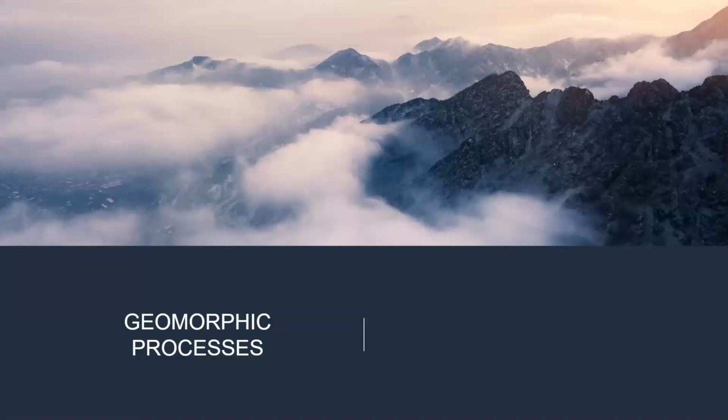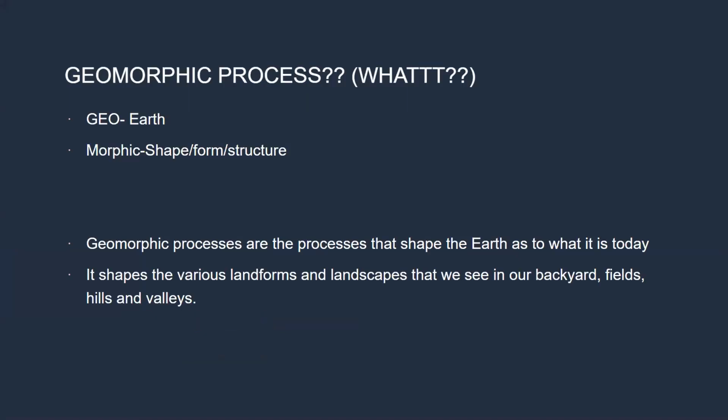This session, we are going to talk about geomorphic processes. So, what are geomorphic processes? Just to break down the word, geo means Earth. Pretty sure we've heard that before, somewhere. And morphic is shape, form, or structure.